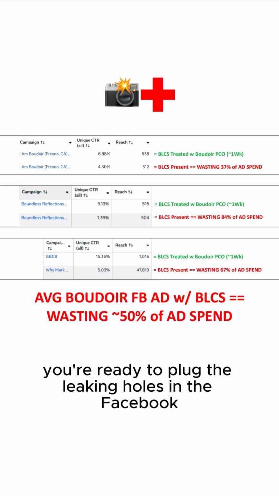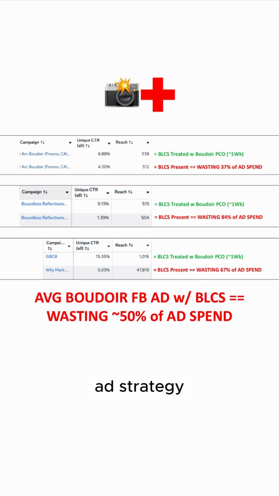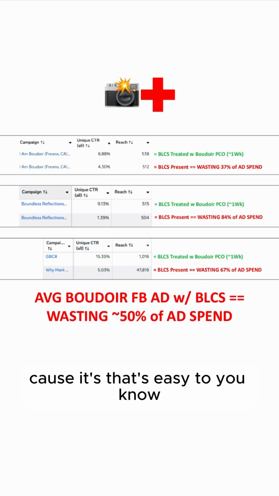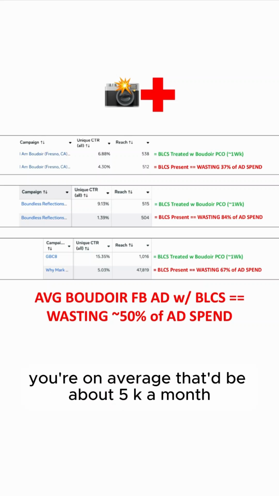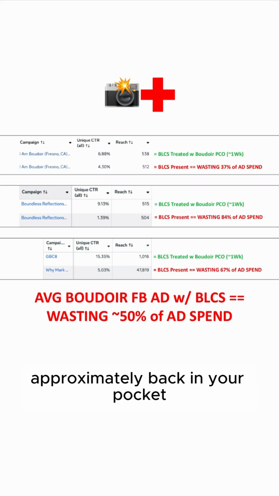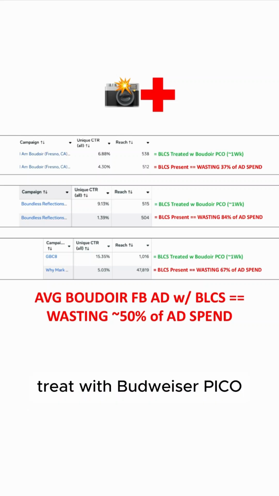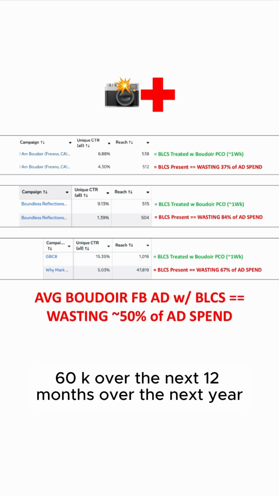Now you're ready to plug the leaking holes in the Facebook ad strategy, because that's easy to just eliminate the waste. And you actually want to keep more money in your pocket. On average, that'd be about 5K a month, approximately, back in your pocket with Boudoir Pico, and approximately 60K over the next 12 months, over the next year.